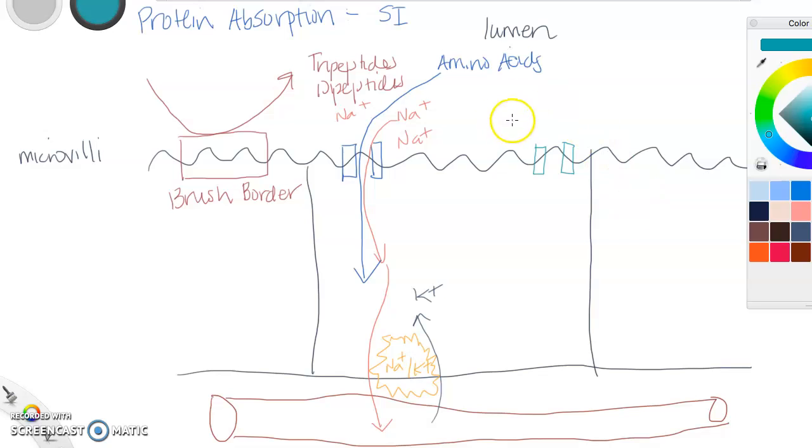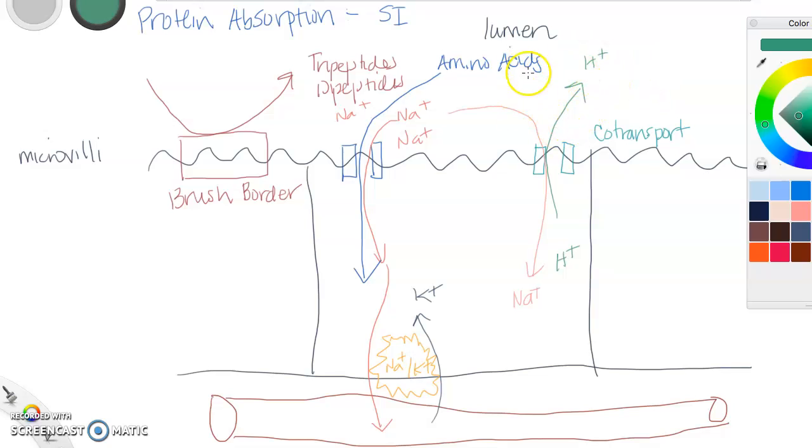And this particular transporter, which is a co-transporter, will allow sodium to come in. So here's sodium. And in exchange for that, it goes in reverse. It will allow for hydrogens to pump out.